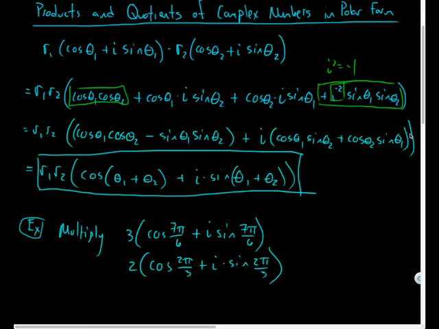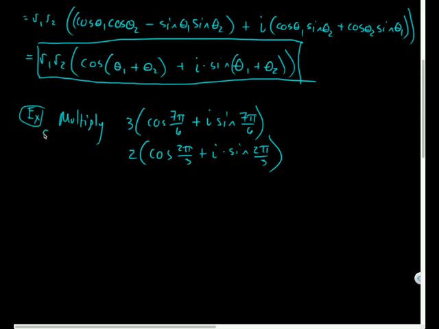After I multiply it, here's part A, and then part B will be to write it in rectangular form, so we'll convert it back out of polar form.